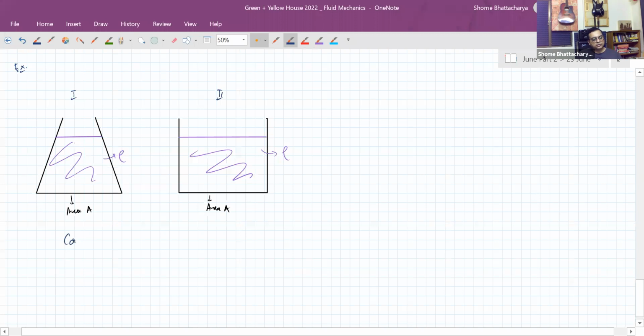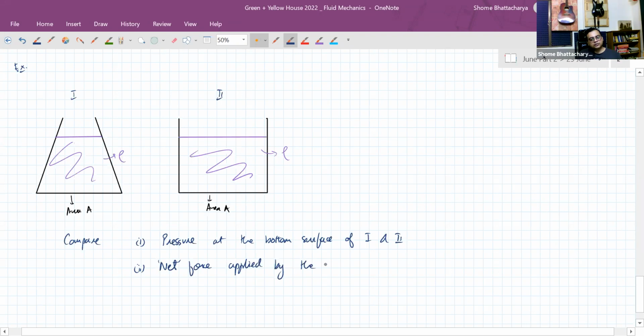So we have to compare the pressure at the bottom surface of container 1 and 2. Okay. Then the net force applied by the fluid on the bottom floor of container 1 and 2.